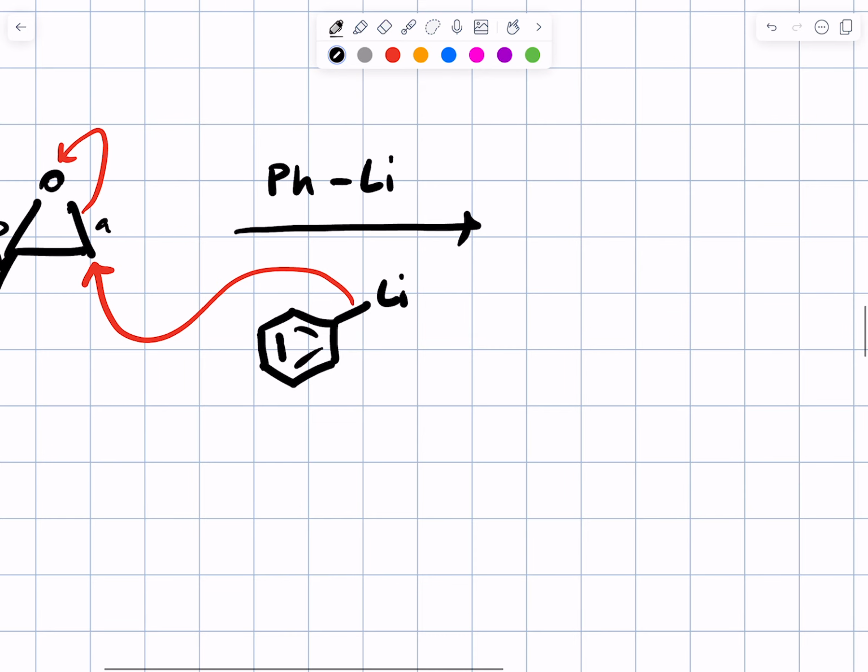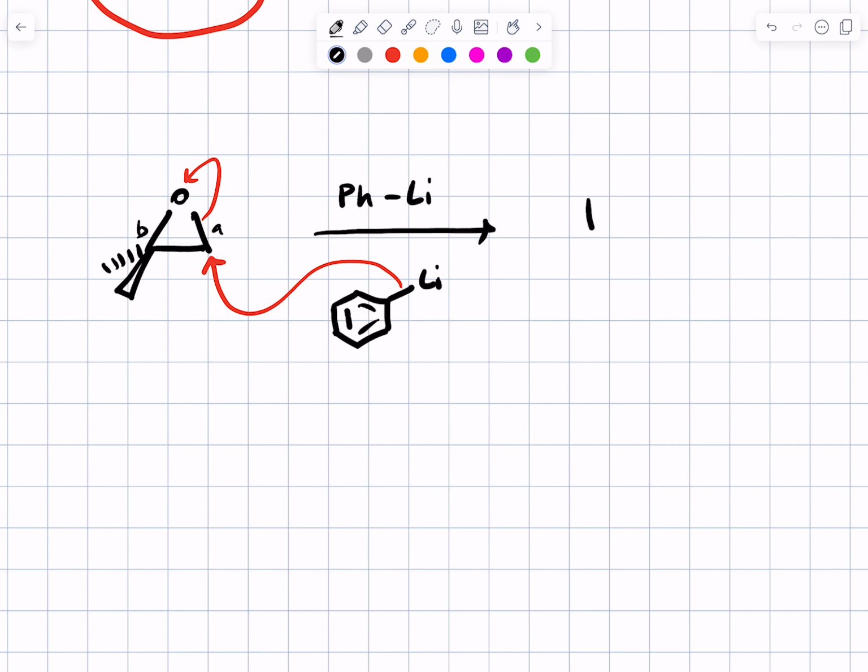That's a principle from 351, to give you the product in which, with backside attack, it doesn't really matter here because what we've made is not a stereocenter, but it's the product in which the group from the organolithium or the Grignard reagent here in blue ends up adjacent to the alcohol.